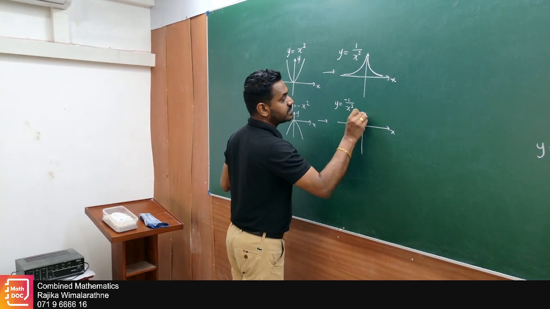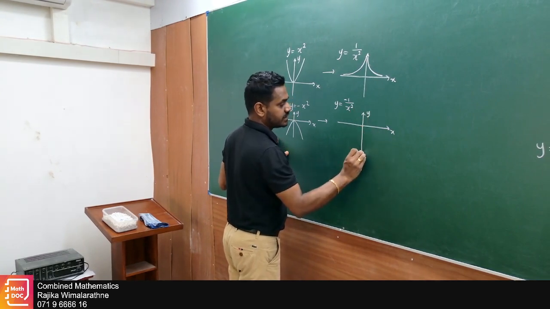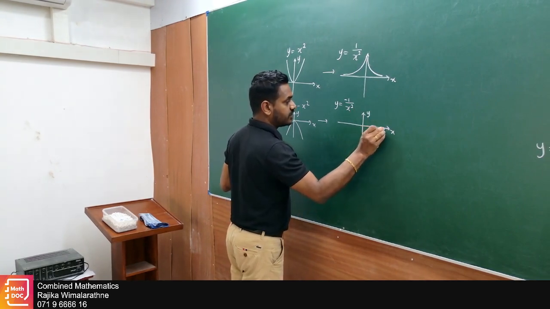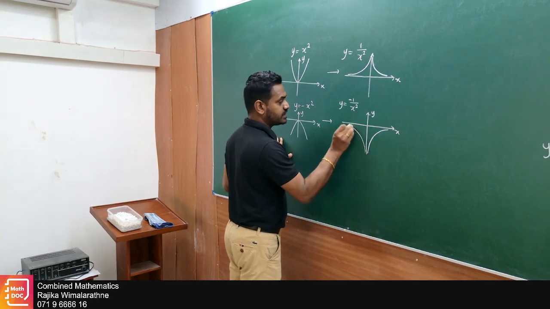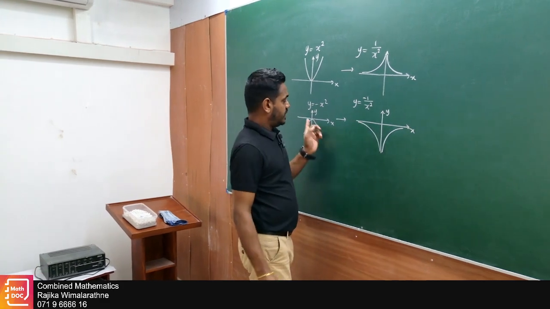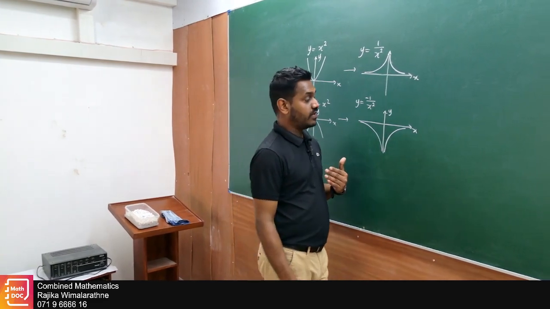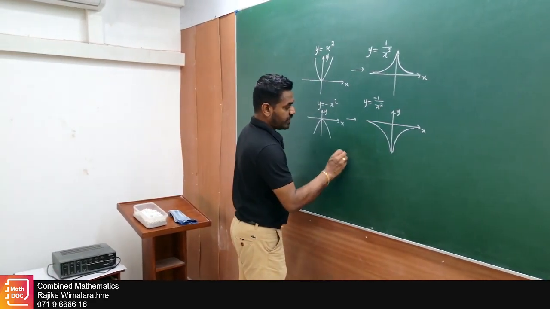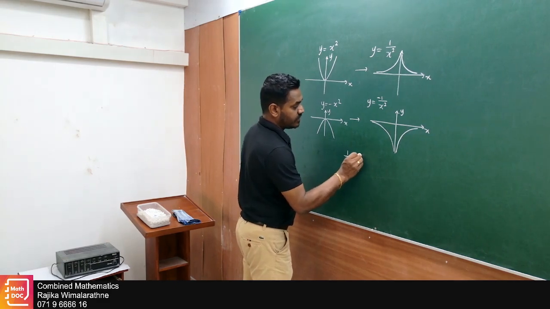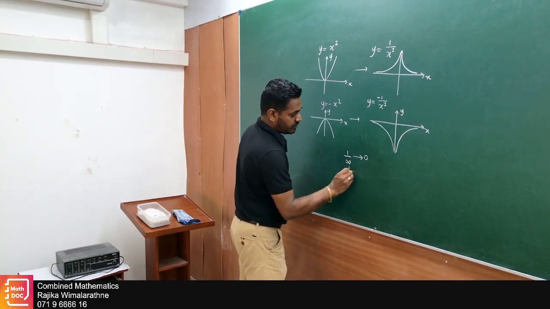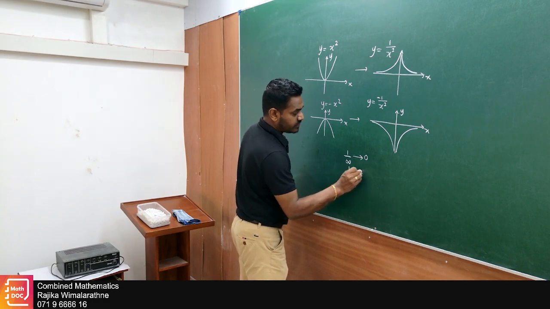Here x-axis, y-axis, it goes like this. Here infinity goes to 0. 1 over infinity we say 0. 1 over infinity goes to 0. 1 over minus infinity also goes to 0.